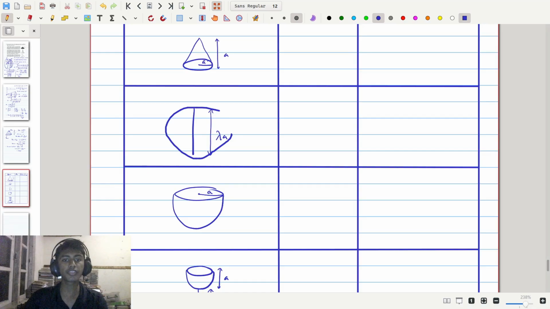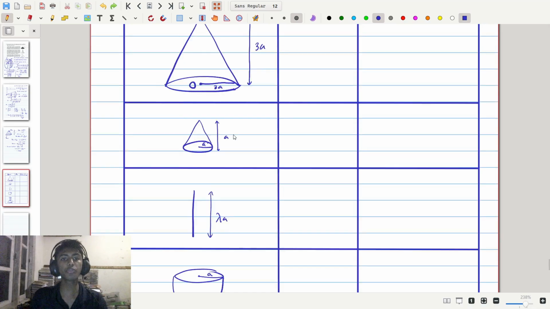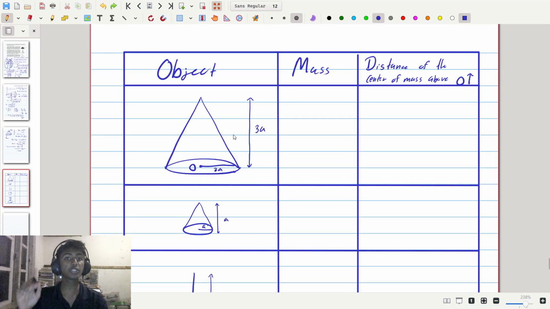I can easily find the center of mass at the middle of it, and I also have the frustum, which is actually broken into 2 pieces. The frustum is broken as the large original cone and the small cone that we cut off from the tip. So here, the mass of the small cone is going to be negative and the mass of the large cone is going to be positive, because we're removing the small cone from the top of the large cone. So you will see how that works.